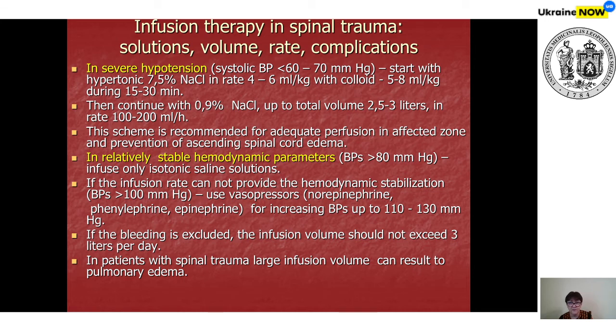First line vasopressor may be norepinephrine, phenylephrine. For increasing blood pressure systolic up to 130 millimeters of mercury. If the bleeding is excluded, the infusion volume should not exceed 3 liters per day. In patients with spinal trauma, large infusion volumes can result in pulmonary edema.